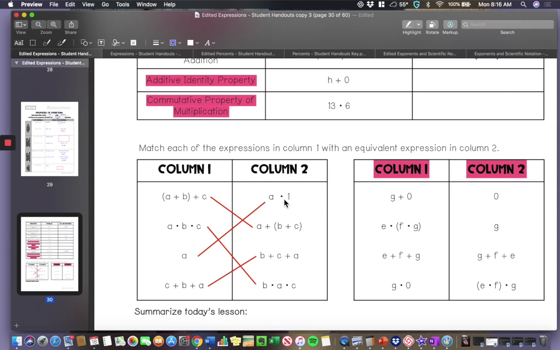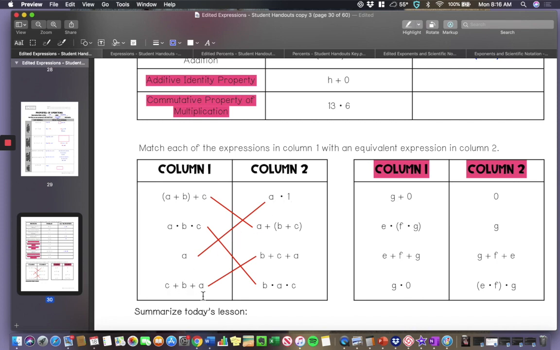For my next one, it just equals A, right? So whatever A is times 1, the number is going to be staying the same. So, for example, 5 times 1, if A equals 5, is still going to be 5. Or, another way to say 5 would be 5 times 1.